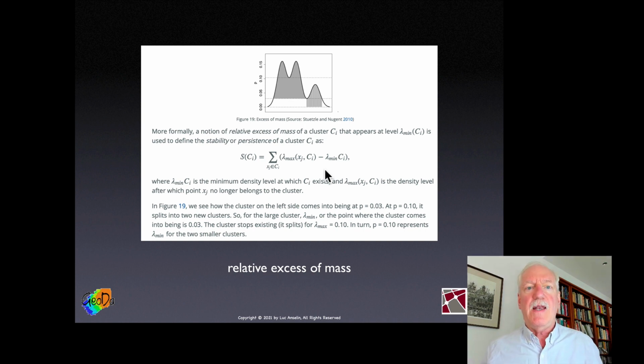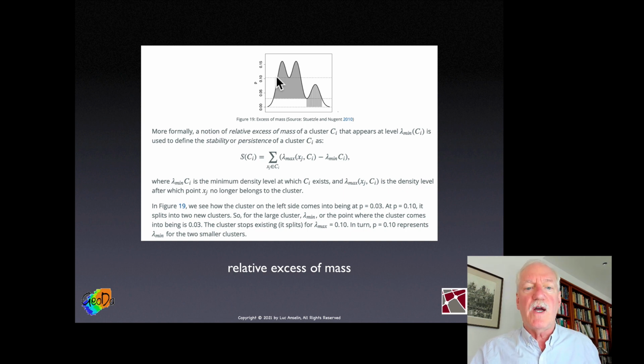So then we compute this for each point in the cluster, and that gives a sense of the stability of the cluster. And now, rather than using a uniform flat cutoff, we will look at the stability of the cluster and only keep those clusters that are the most stable. We will maximize the overall stability of the cluster. For example, here, this area, which is the persistence of, let's just call it cluster number 2, is much larger than the sum of the persistence of each of these little clusters.